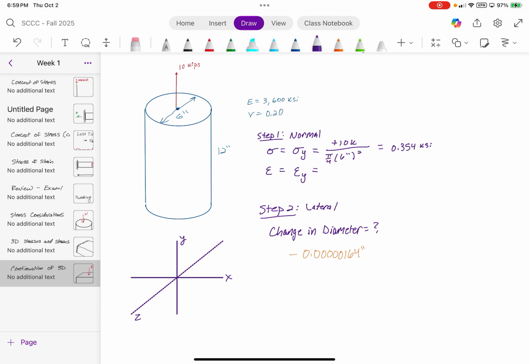For the strain, you take that divided by the 3600 for the elastic modulus, and you should get 0.00009842.